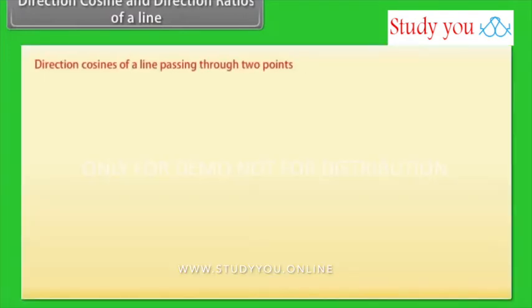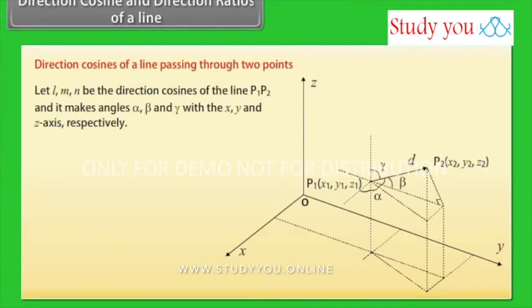Direction cosines of a line passing through 2 points. Let L, M, N be the direction cosines of the line P1P2, and it makes angles alpha, beta and gamma with the x, y and z axis respectively.